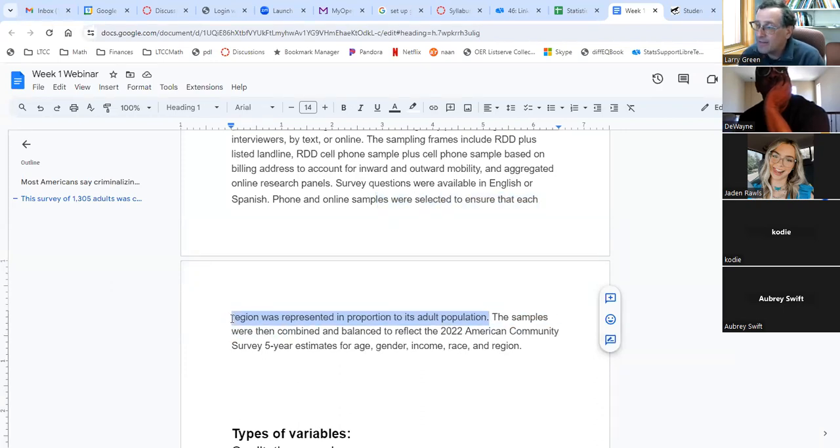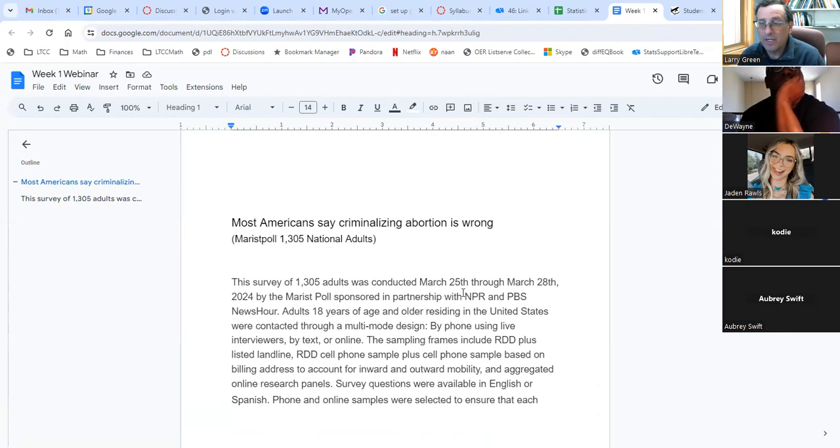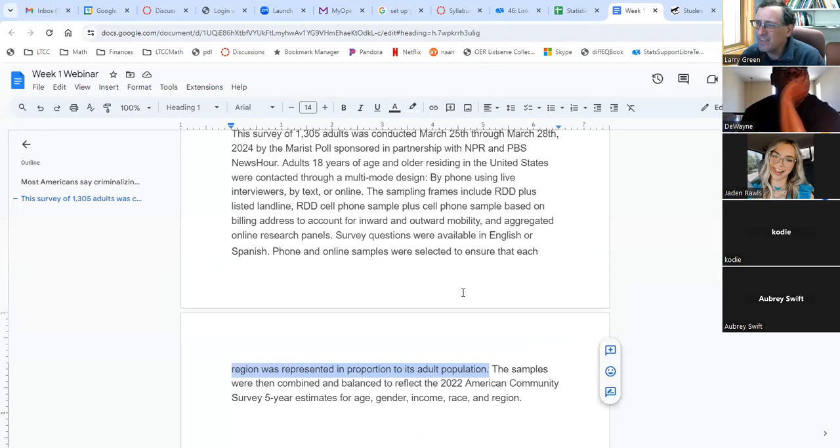One thing is, if you know anything about America, if you ask this question in, say, Oklahoma versus California, do you think that criminalizing abortion is wrong? Do you think you would get the same answers in Oklahoma versus California? What do y'all think? Think you're going to have the same proportion of people saying that it's okay to criminalize abortion?